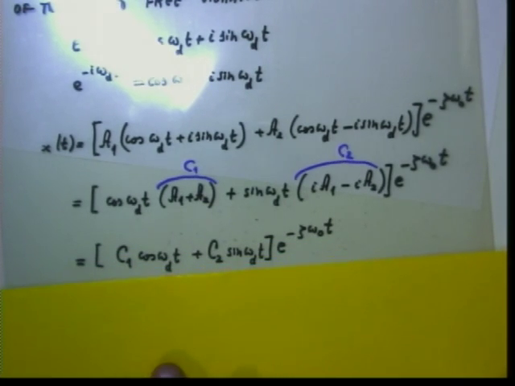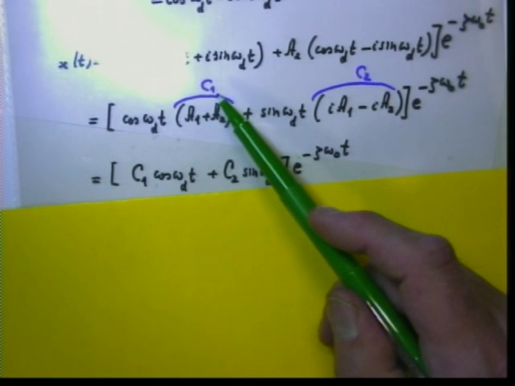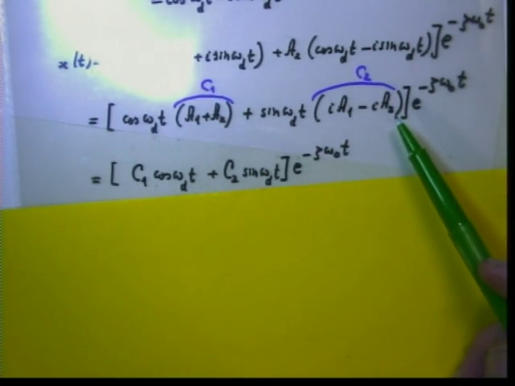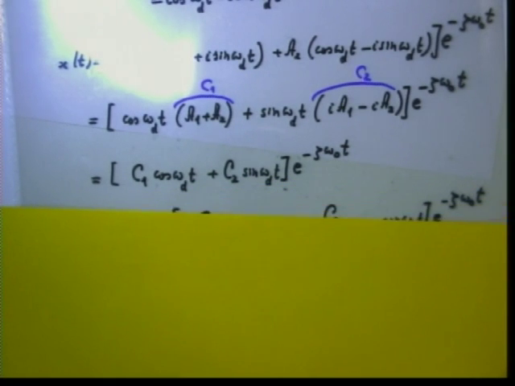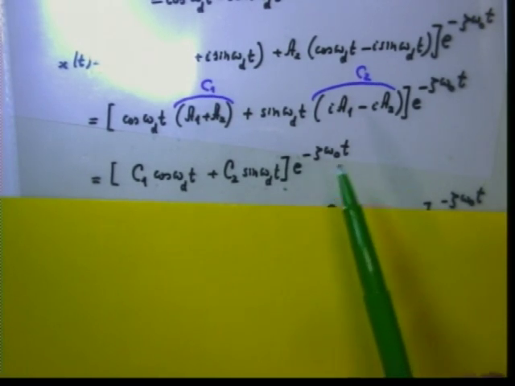These substitutions probably have been made in various courses, maybe in differential equations. Now this I'm denoting as C1, and this I'm denoting as C2. And I'm getting C1 cosine omega d t plus C2 sine omega d t, times e to the power minus zeta omega sub 0 t.